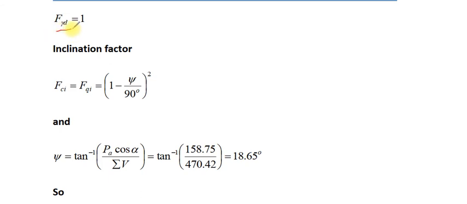In the third term of the ultimate bearing capacity, the depth factor equals 1. The inclination factor for the first and second terms will be 1 minus psi over 90.